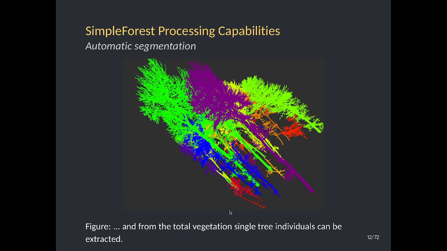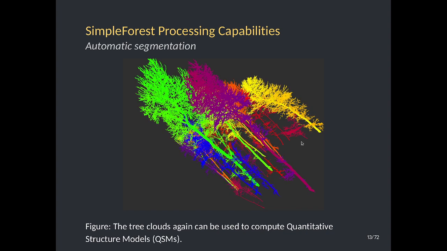This is just another view of the same plot. We have the segmented trees. Each tree has a different color. The color green is quite frequently used, but those green trees are still subdivided from each other and not clustered as a single tree. So the segmentation performs really well.